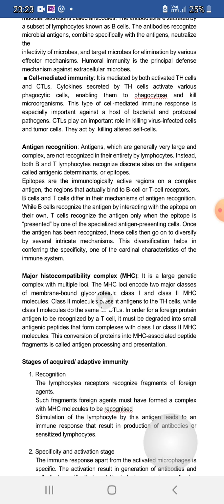So if they are not presented on this MHC, the immune cells will not see the antigen. The antigen must be presented as a complex that reacts with class 1 MHC or class 2 MHC.